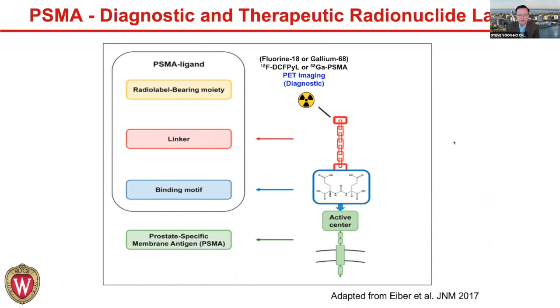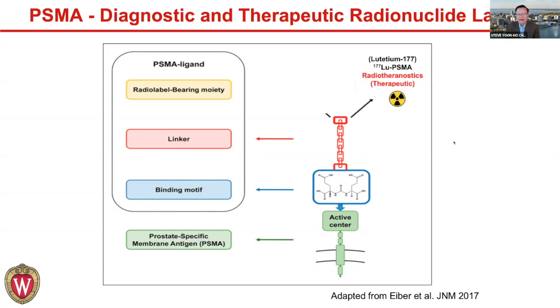In this particular agent, and we'll talk more about this and you'll become familiar with it, PSMA for prostate cancer, the imaging diagnostic agent uses fluorine-18 or gallium-68. They're two different agents that do the same thing, for PET imaging, which can diagnose the tumor and show where the tumor is, the extent of the tumor, and how viable it is.